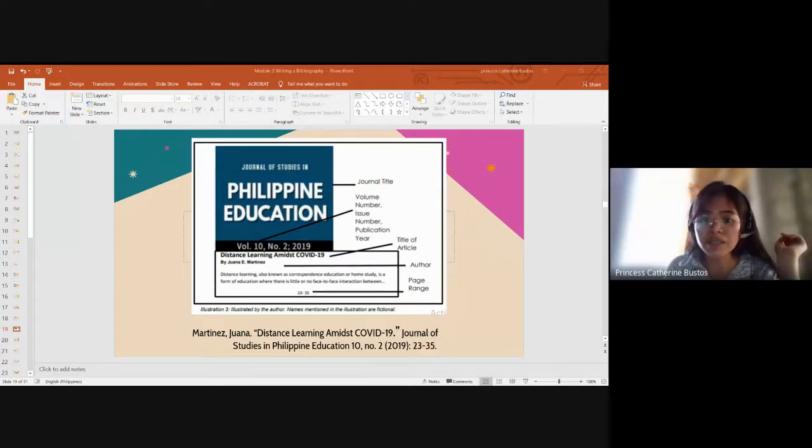What punctuation mark do we use for the title of our article? What do we put outside the title of article? Quotation marks, ma'am. Okay, quotation marks, and the period is inside.